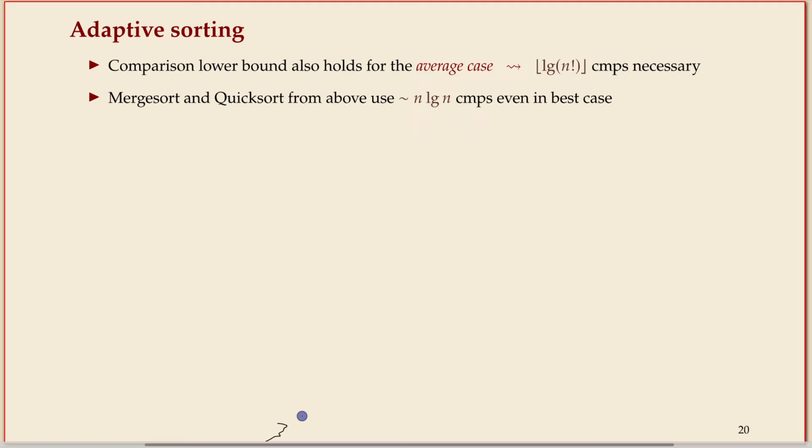And we argued that tree needs to have n factorial leaves to distinguish all possible input orderings. And then it needs to have log of n factorial in height. Well, actually, it also has almost all leaves at that height, at least. It can have some leaves higher up, but half of the leaves will be at that depth or something like that. So you can prove that the same bound also holds in the average case.